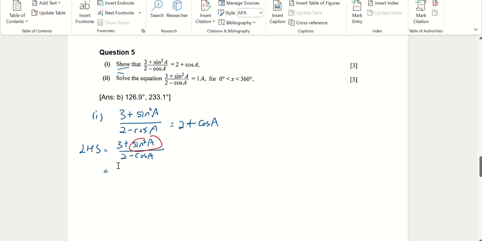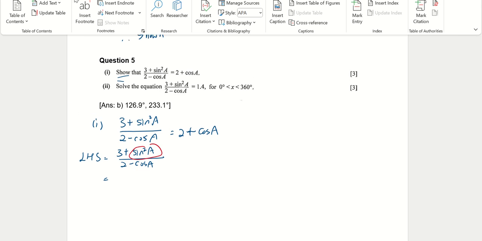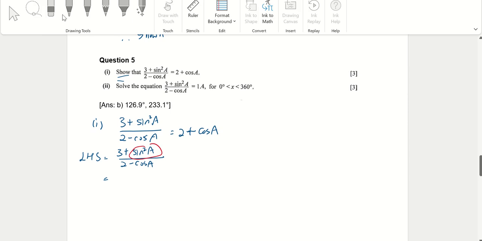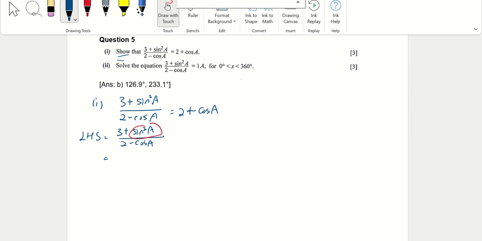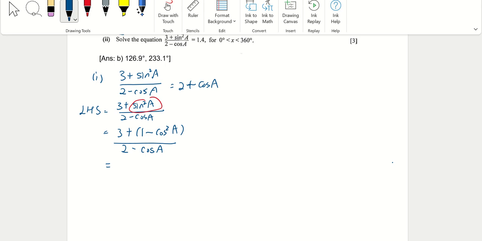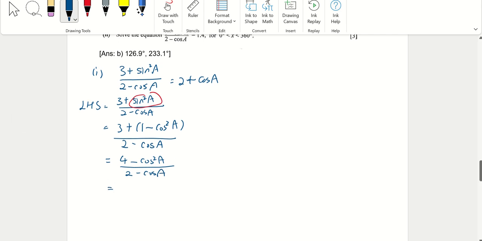Let's replace the sin² with 1 − cos²A and see what we have. After simplifying, I will have (4 − cos²A)/(2 − cos A). So how do we carry on from here?